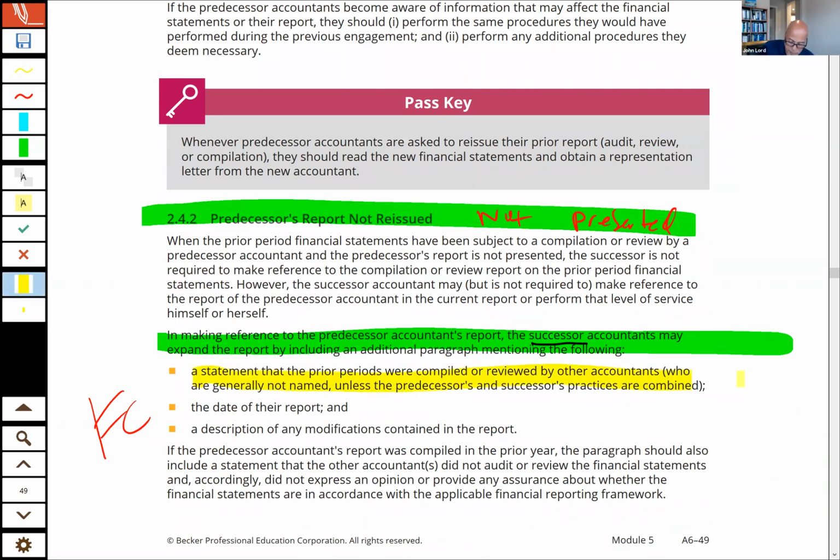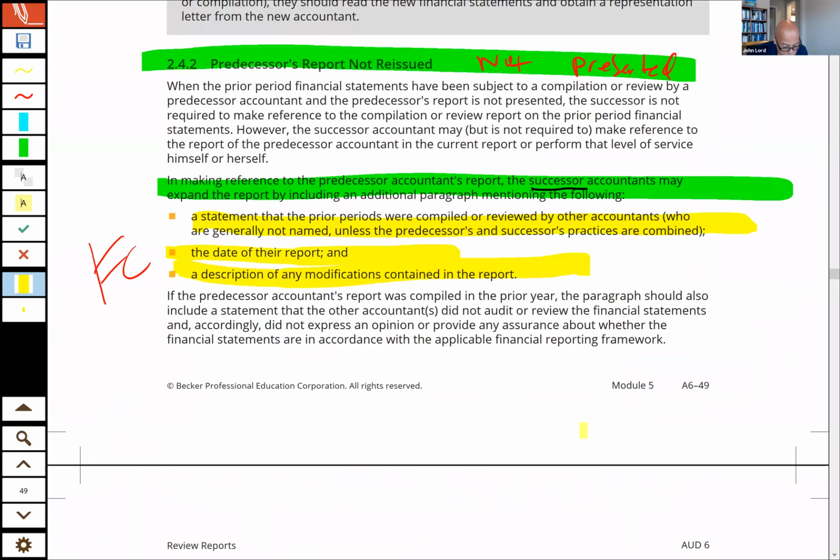They'll say a statement that the other accountants compiled or reviewed the statements, the date of their report, a description of any modifications to the report. Remember, we said if there was a qualified, you'd have to say that there was a qualified when we're talking about this for the audit report, okay? And then that's the main things I wanted here.